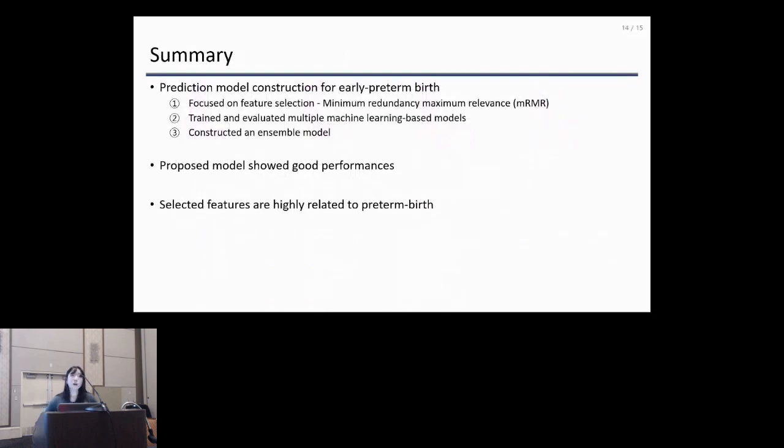So in summary, we used these two approaches, feature selection and the construction of ensemble models, to get high performance, and our model actually ranked second place in task 2. Because of the limited number of submissions, we could not test all the hyperparameters. So the model can be improved with more elaborate feature selection.